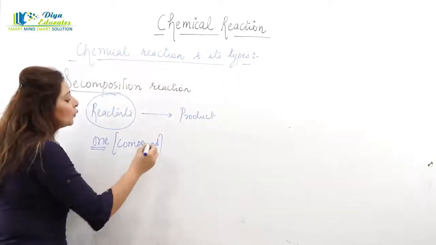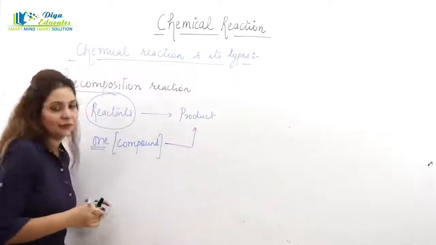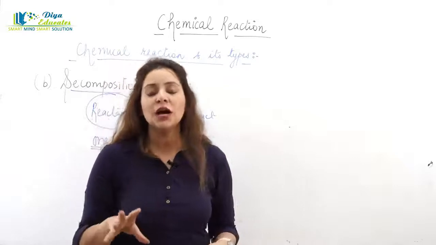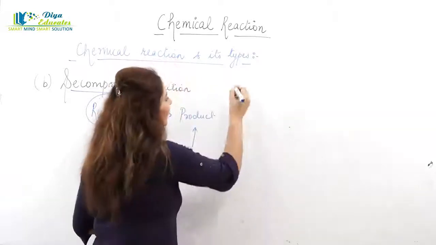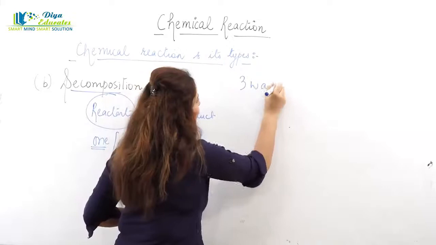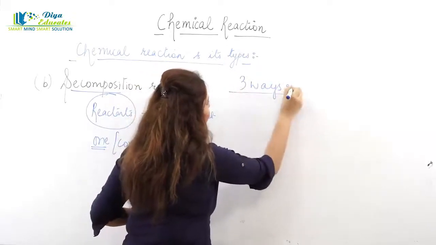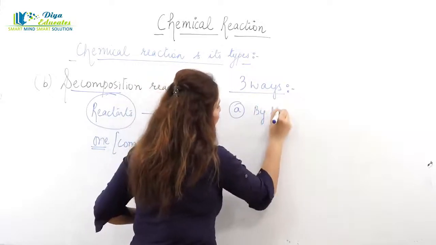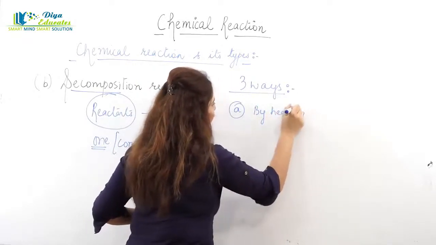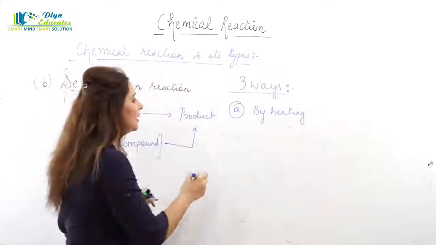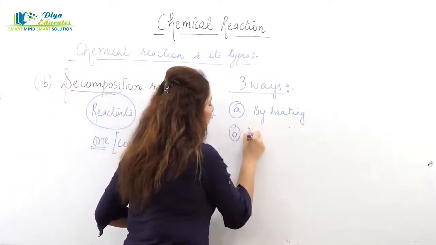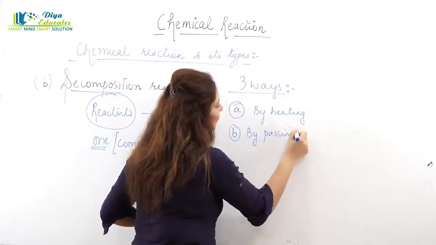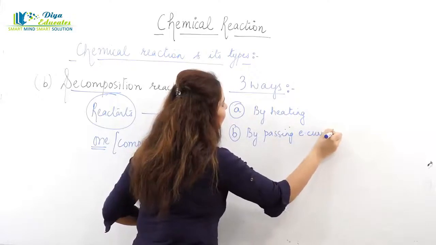Now how do we break it and change it into the product, that is the question. We can break the compound in three ways. First method is by heating. The second method is we can break the compound by passing electric current.